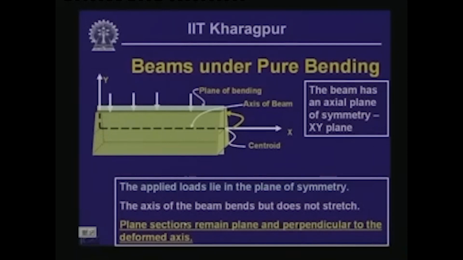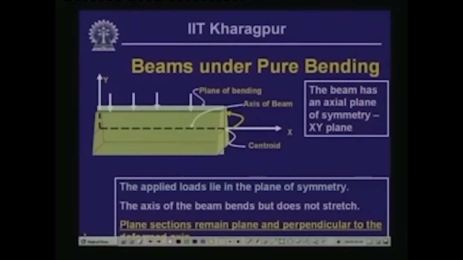Well, now let us look into that. If a beam is subjected to pure bending, you had noticed we had drawn the shear force and bending moment diagram for a beam which is simply supported and subjected to two concentrated loads, which are placed equally from the two ends, at distance a and a.